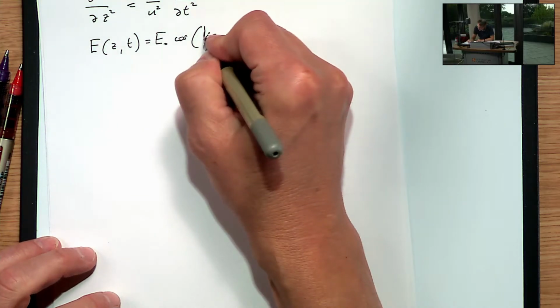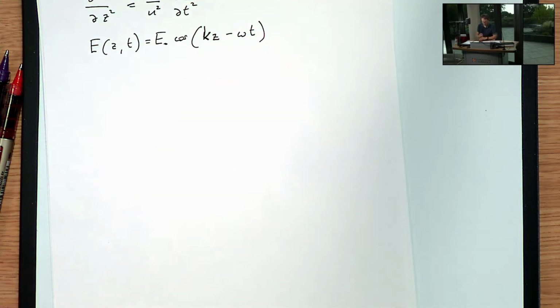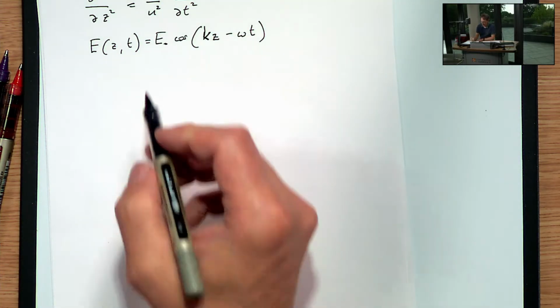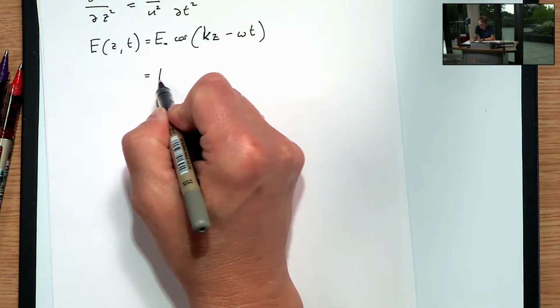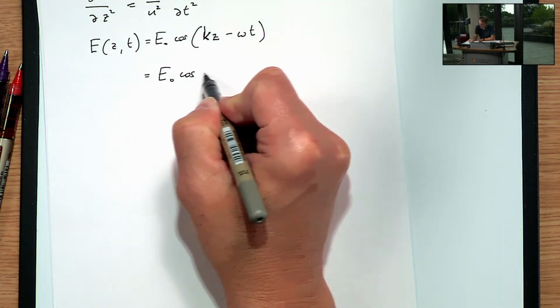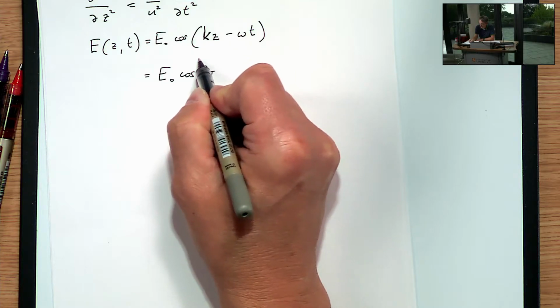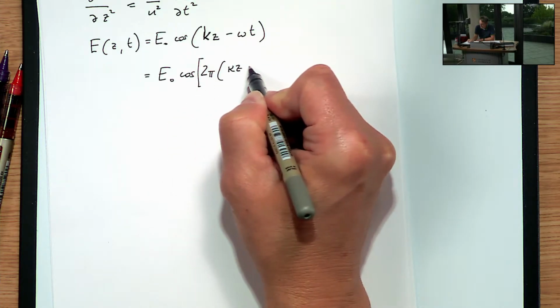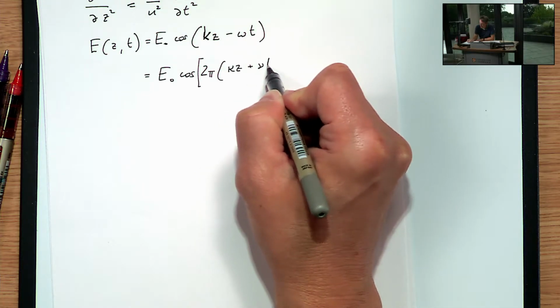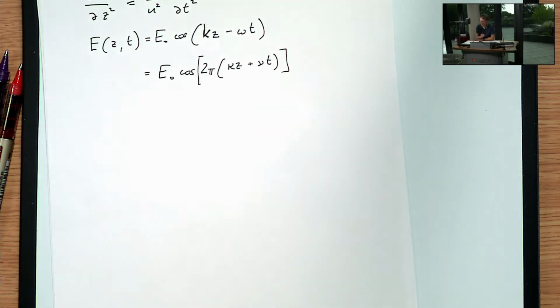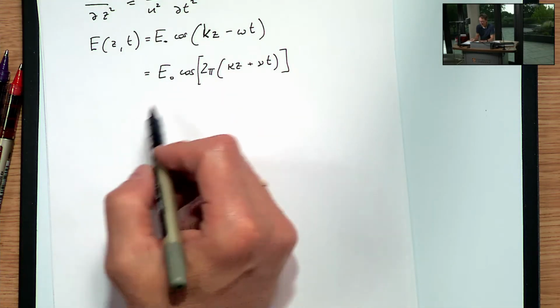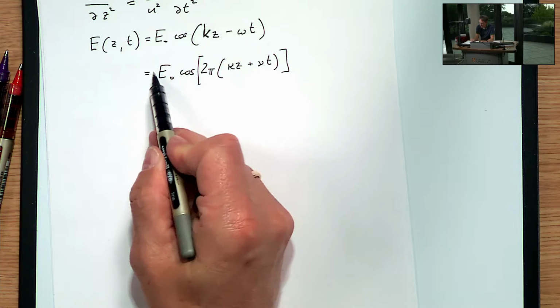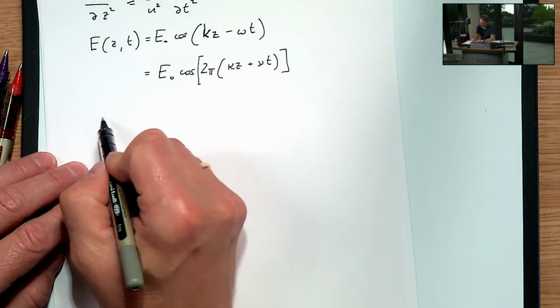This is little k, and you can also write that as E naught cosine 2 pi of kappa z plus nu t. Okay, so let's see what that is. E naught is the electric field amplitude.